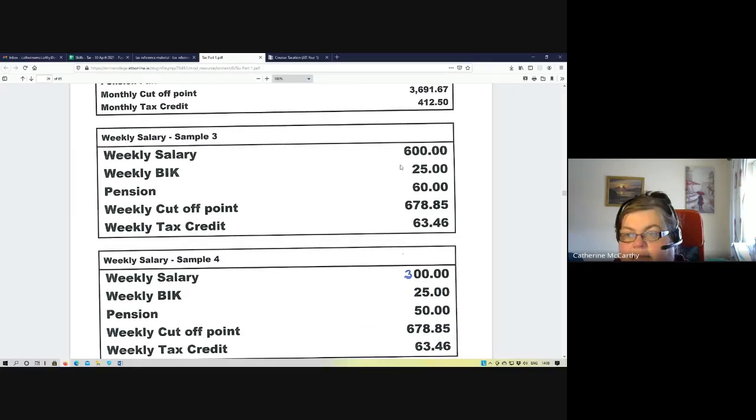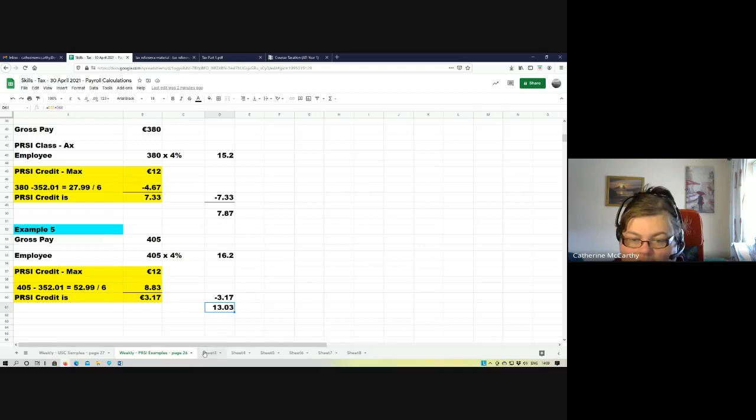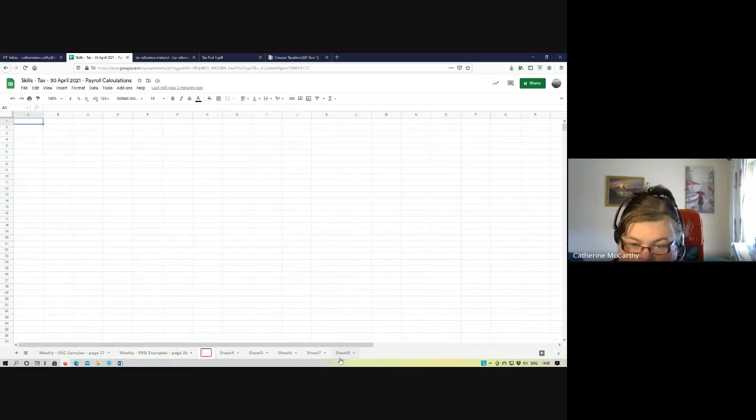So we've got a weekly salary of 600, weekly BIK of 25, pension of 60, weekly cut-off point is 678.85, and a weekly tax credit of €63.46. Okay. So this is weekly pay.